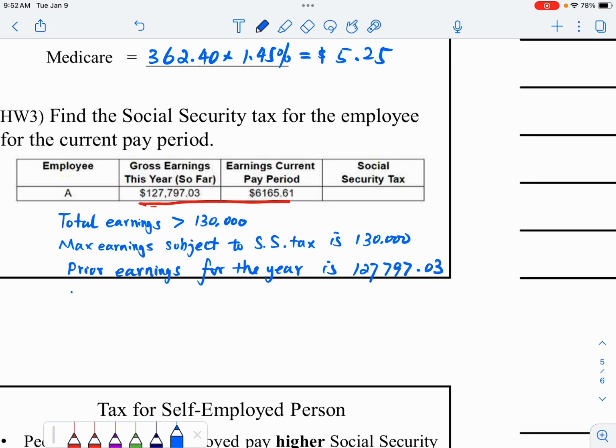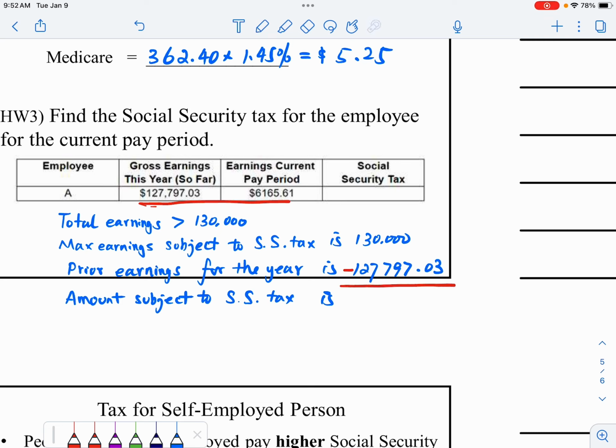So therefore we can say the amount subject to Social Security tax is, you're going to find the difference, okay? Find the difference.